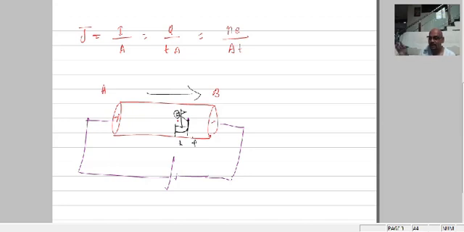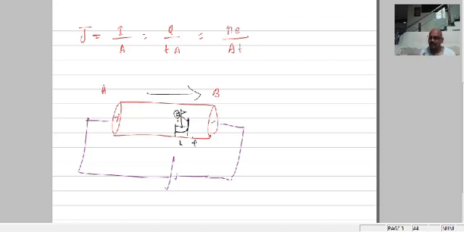Because of collisions, the motion of electrons is hindered, is opposed. Just to move 1 millimeter or 2 millimeters, it would suffer thousands of collisions. So there is an opposition to the flow of charges.